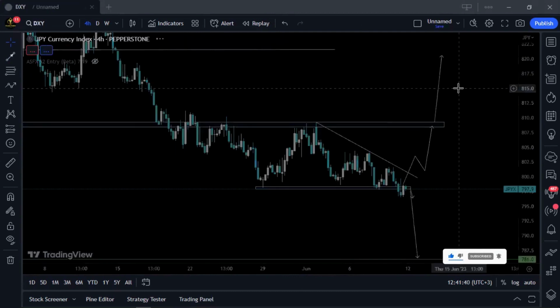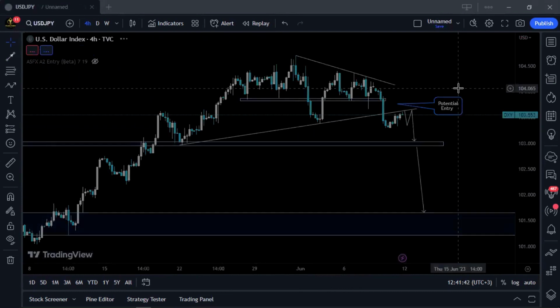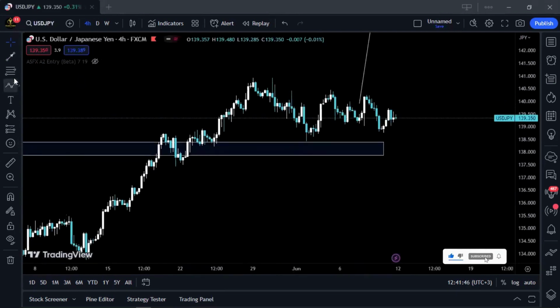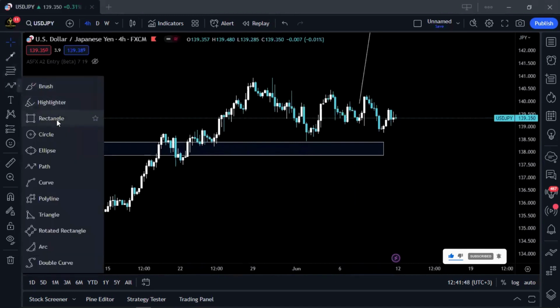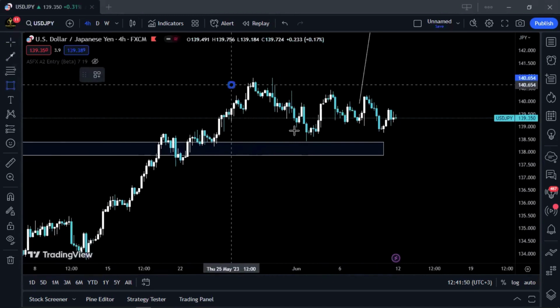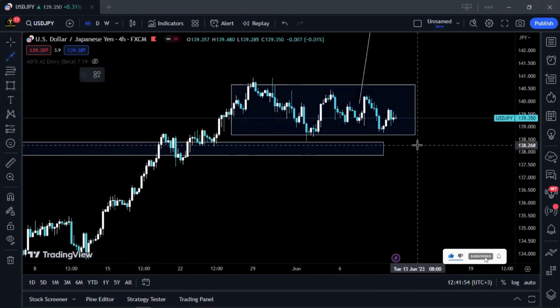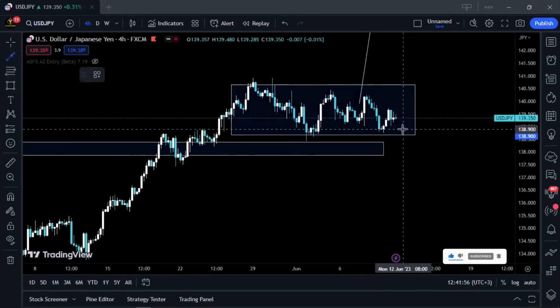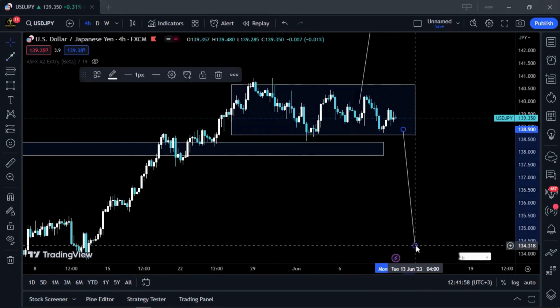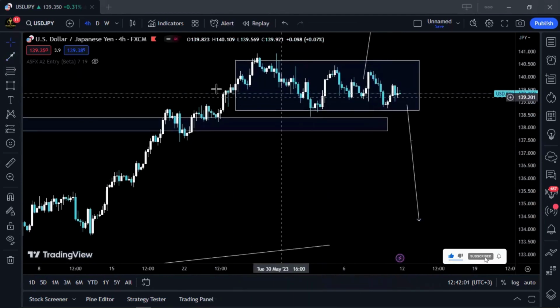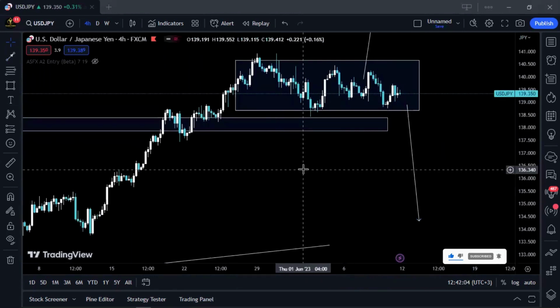So if the Japanese yen is going to be buying, obviously, what will happen on JPYX? Right now it's kind of ranging. However, if prices buy on JPYX, this will be falling, right? The trend is now sideways. We don't really have a trend, so we have to keep on watching this one.